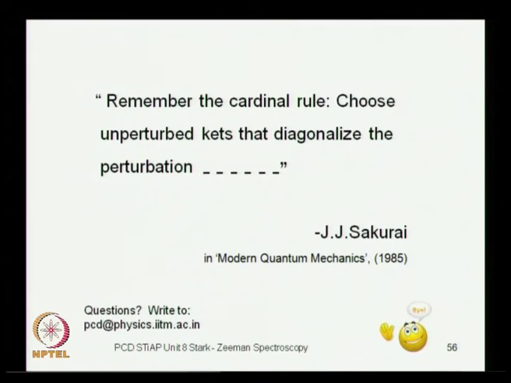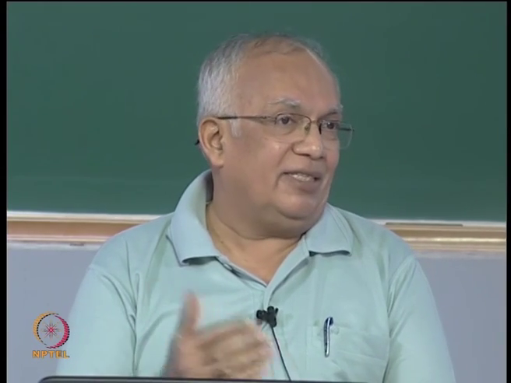So, this is the cardinal rule which we referred to in unit 5, that you must choose the unperturbed kets which diagonalize the perturbation, but how this is done specifically in the normal Zeeman effect, in the anomalous Zeeman effect, and in the Paschen-Back effect is a matter of detail, and this is something that we will discuss in the next few classes. If there is any question for today, I will be happy to take.